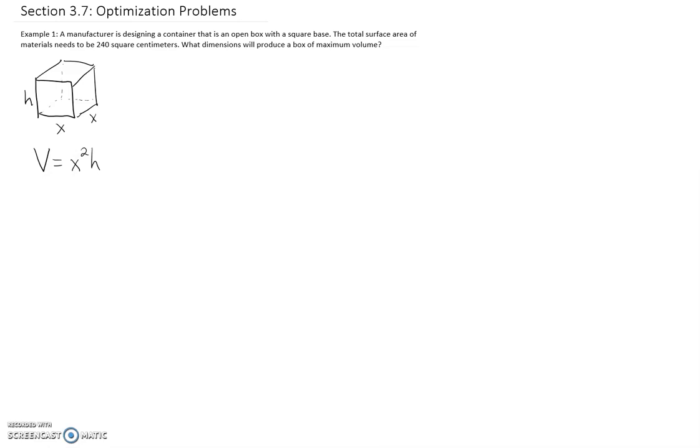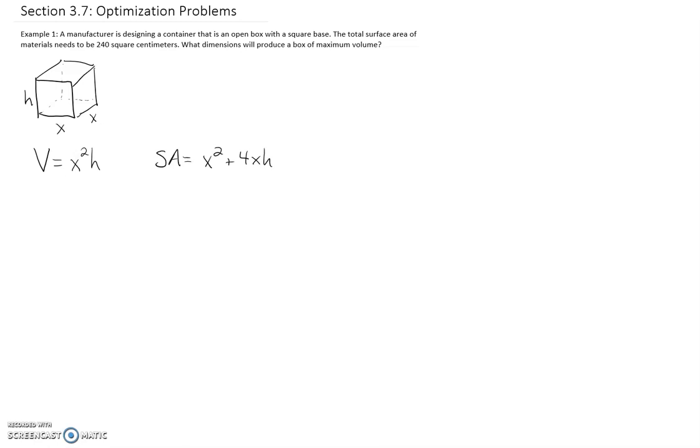So we have to figure out the surface area formula for this shape. Our second formula is the surface area. We have the area of the base of our box, which is x squared. We have the area of the four sides, each of which is x times h, so 4 times x times h.